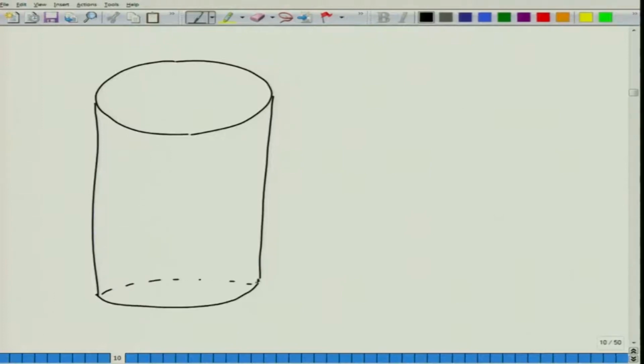In this case the girth will be given by the circumference of one of its ends, which is 2πr. We had defined the volume of a cylinder as πr²h. So, this is the correct volume.